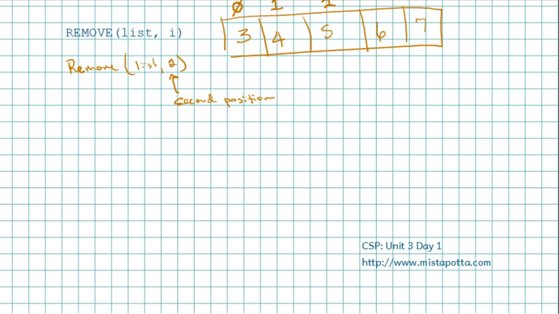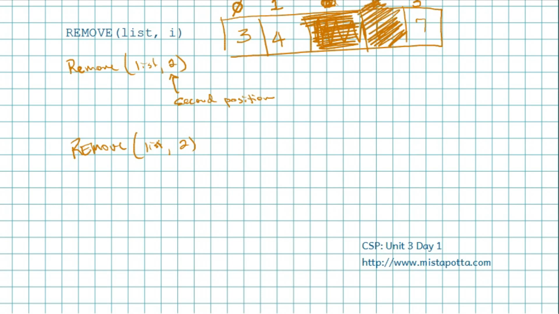And when I say remove, this box actually goes away, which means this is no longer position 2. This is gone, completely obliterated. This is now position 2, and this is position 3. So if I was to run this command again, remove list, comma, 2, then I'm going to go to position 2 and completely obliterate this box here.